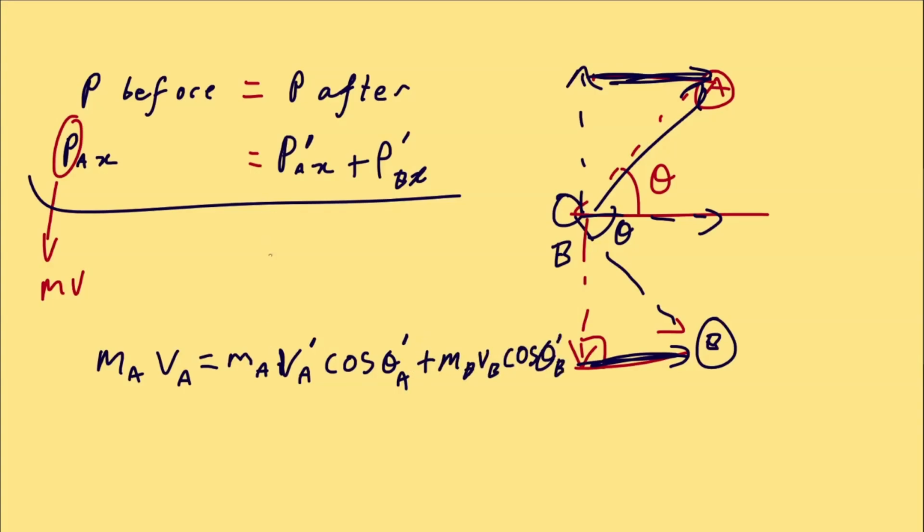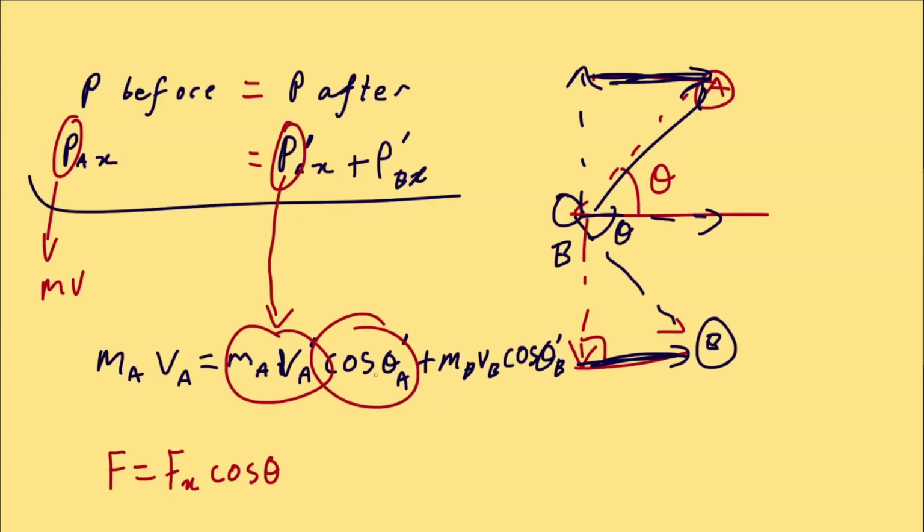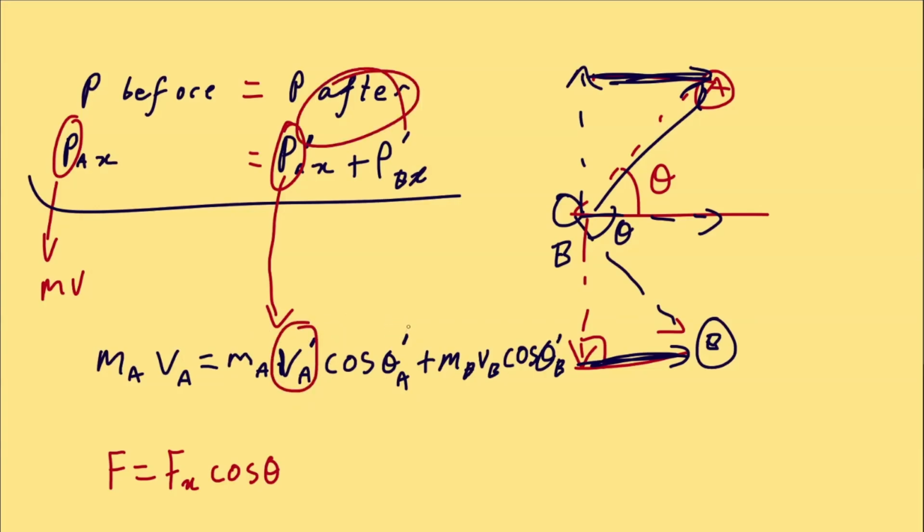Let's break this down. When you break a vector into its x components, you use cosine. All we've done is turn momentum into mv, and then we use cosine. And these are primed quantities, which means the velocity after the collision and the angle after the collision.